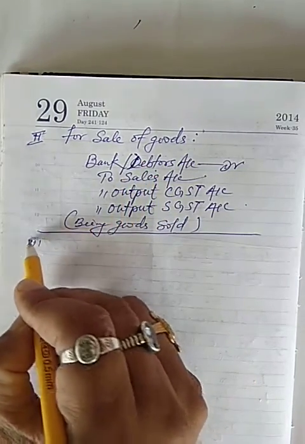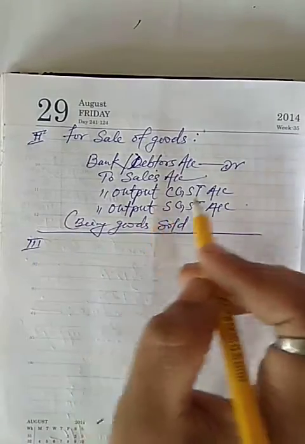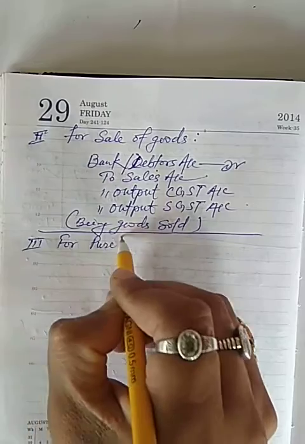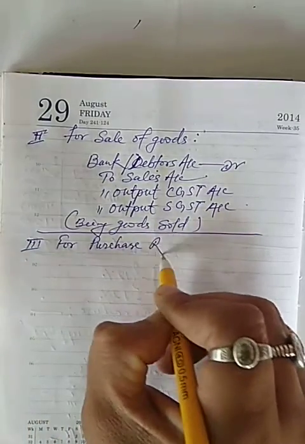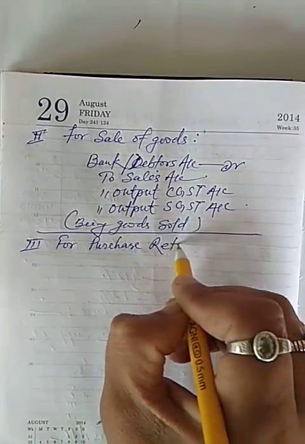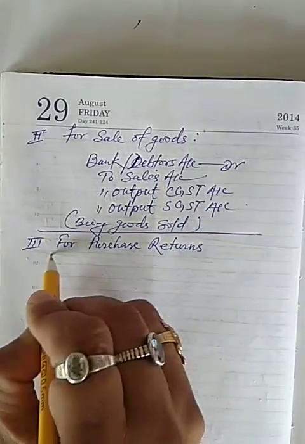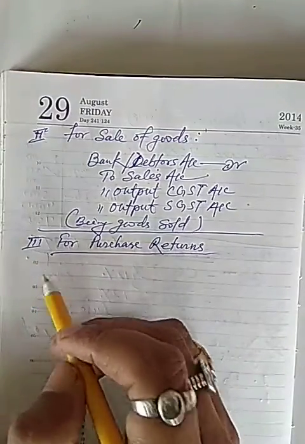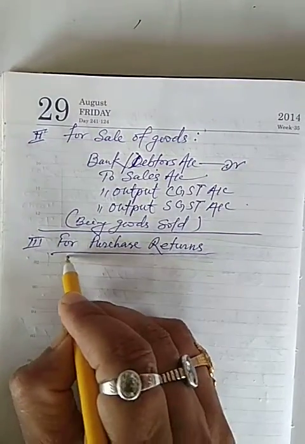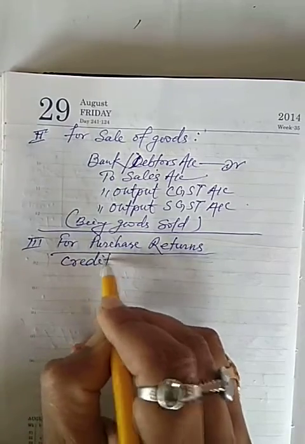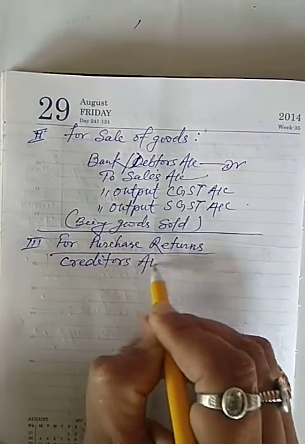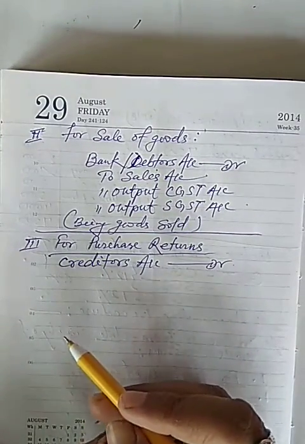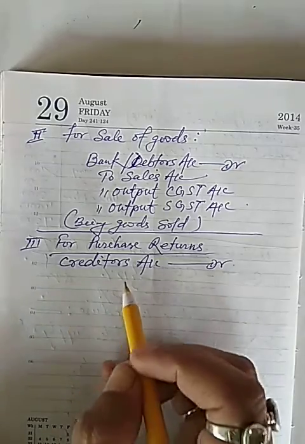Now the third journal entry, for purchase return. Journal entry will be: creditor's account, because at the time of purchase I credited the creditors.